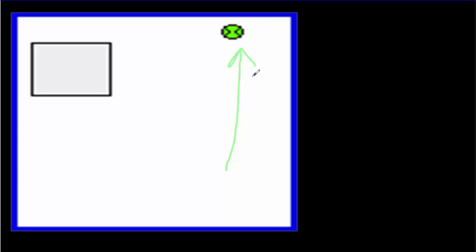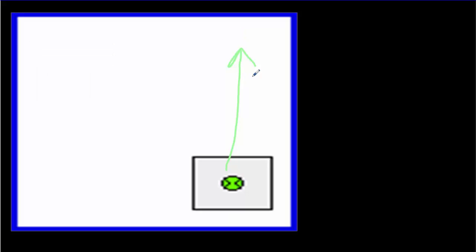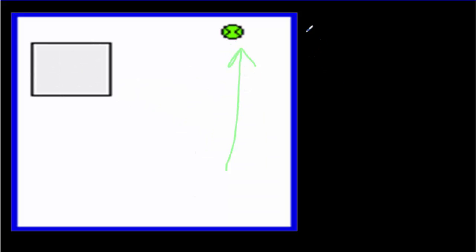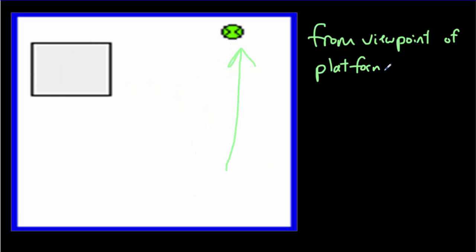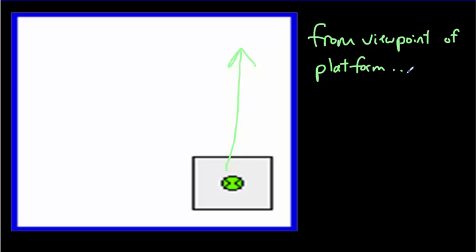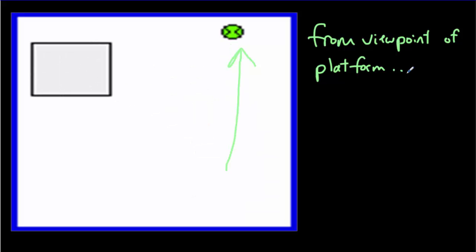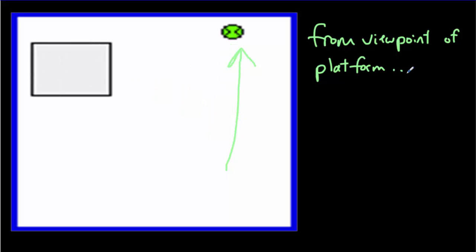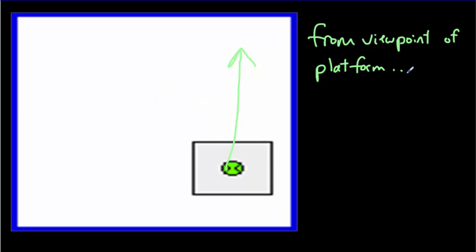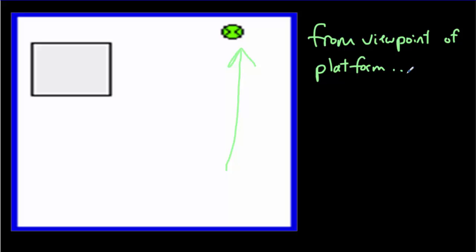And that's because of its inertia. However, if you're looking from the viewpoint of the platform, you'll notice that the ball seems to slide off the outside of the platform. So from the viewpoint of the platform, there seems to be some sort of force on the ball.